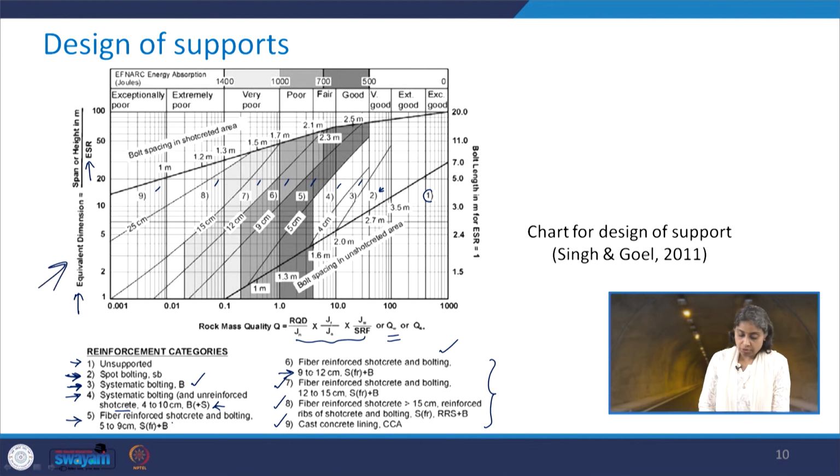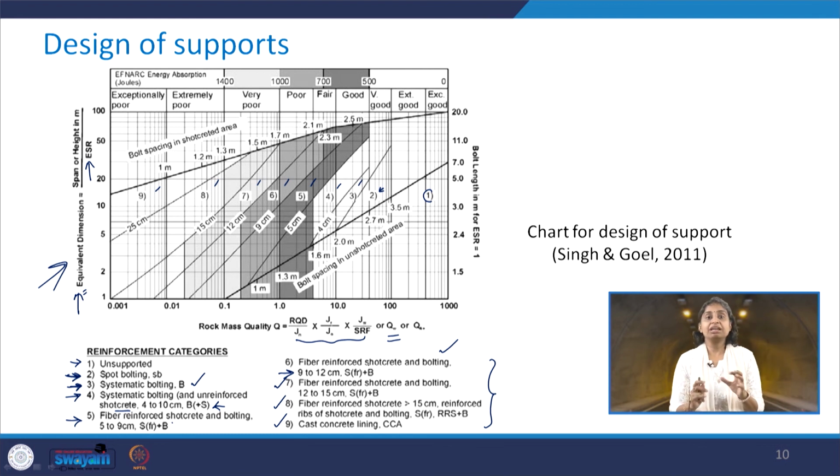Now, if we know the value of Q, and we know the type of the excavation, accordingly we can find out the value of ESR. We know the span or height of the excavation, and hence we can find out the equivalent dimension.